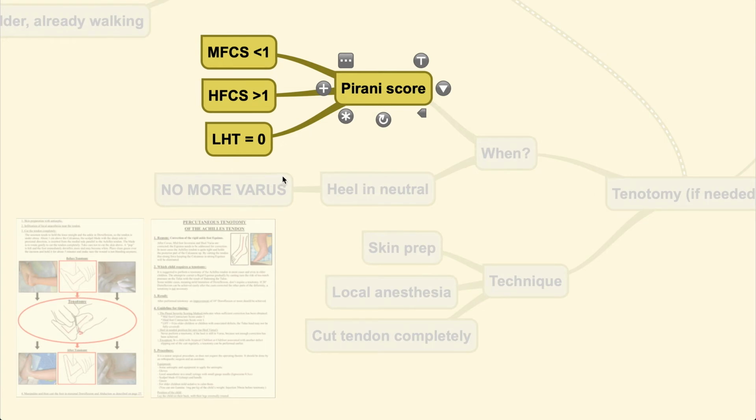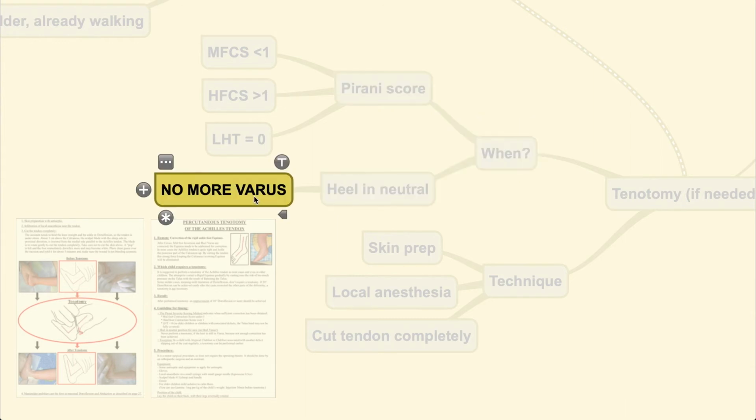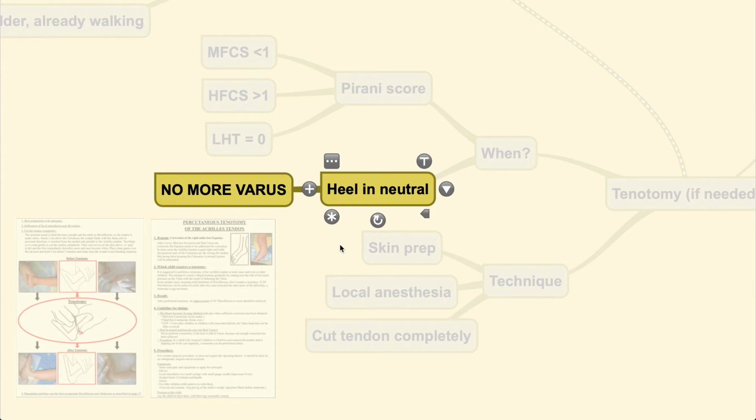The other thing about tenotomy is that it is done when the heel is still in neutral position and no longer in varus position. Keep that in mind because varus is bad. Neutral is acceptable. Slightly valgus, that is our goal.